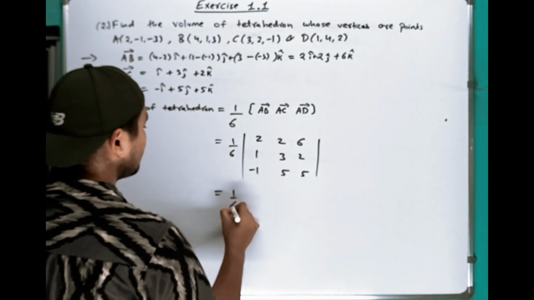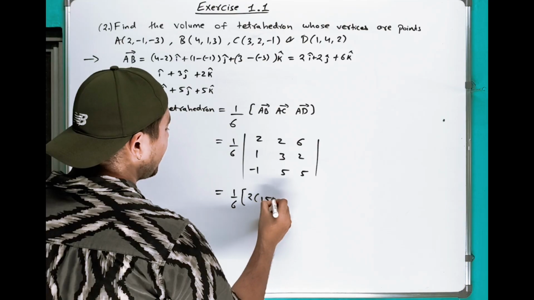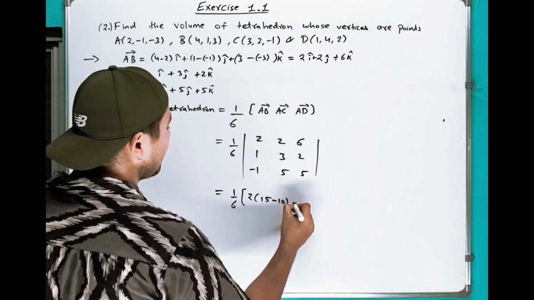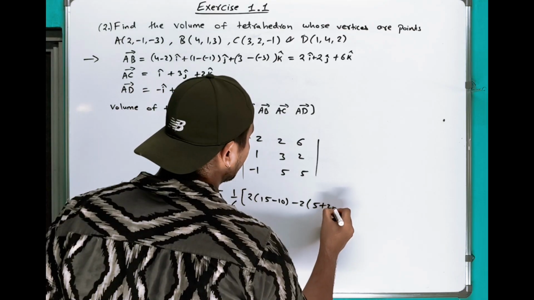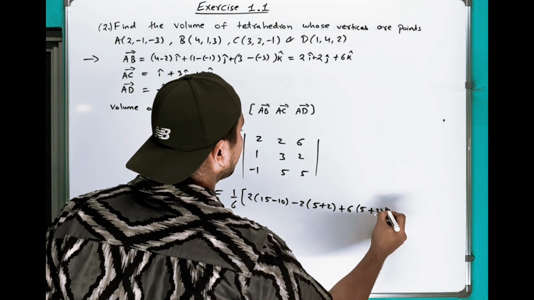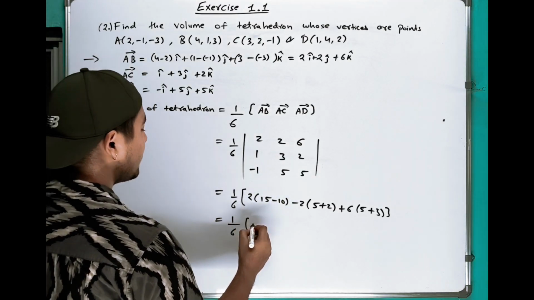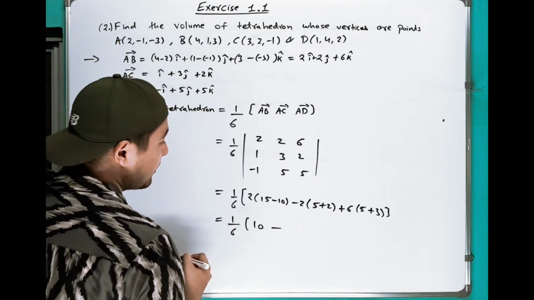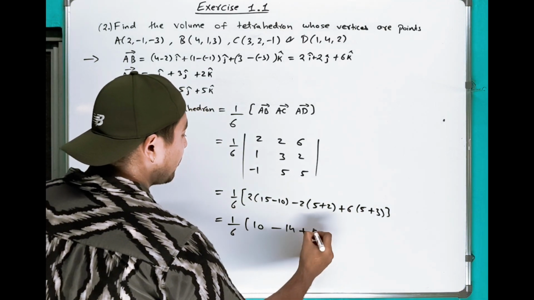So it is equals to 2 into 15 minus 10 minus 2 into 5 plus 2 plus 6 into 5 plus 3. So it is 1 by 6 into, this is 10 and this is 14 and this is 8, 6 are 48.